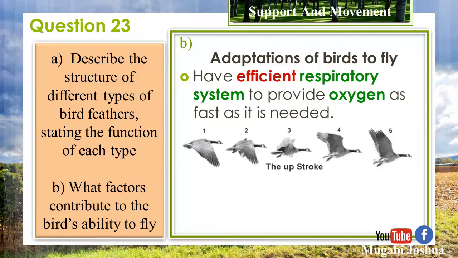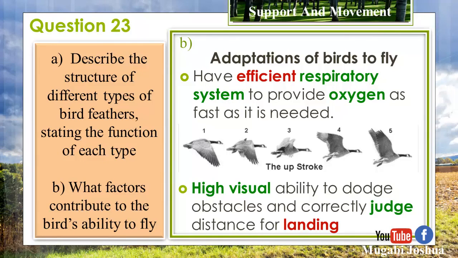That is another adaptation for flight. Then there is also high visual ability to dodge obstacles and correctly judge distance for landing. That is another adaptation for the birds to fly.